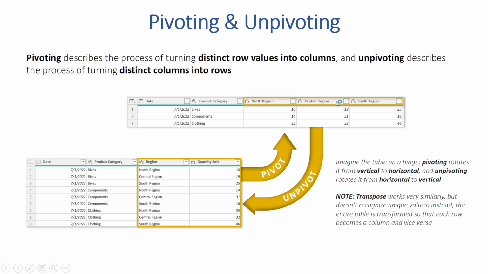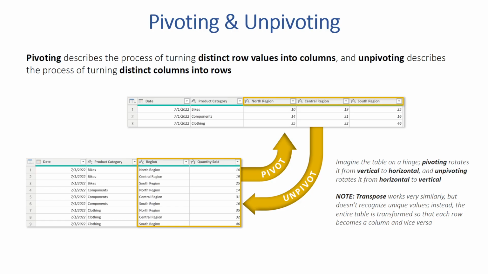If the data is like this and you want to unpivot, the data would be like this. So in a simpler way, I can say pivoting is from vertical to horizontal and unpivoting is from horizontal to vertical.